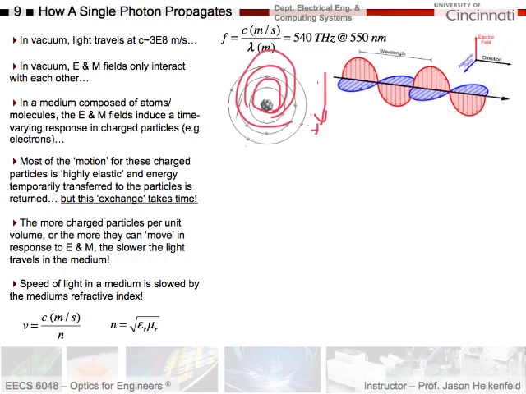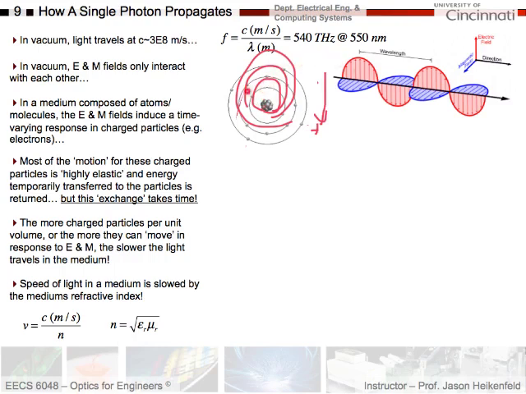Now, this takes time. So if the electric field comes into a material and it's shifting the electron clouds around and kind of moving the atoms around a little bit because they're all charged, then it's going to take a little bit of time for the electric field to transfer to the atoms and then the atoms to give that elastic transfer of energy back to the photon.